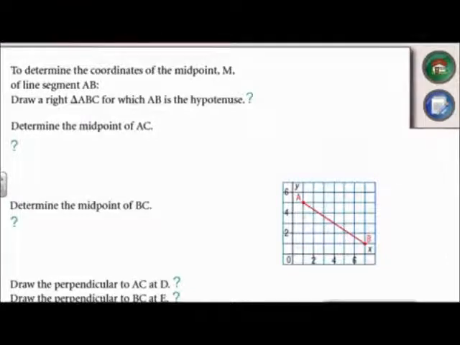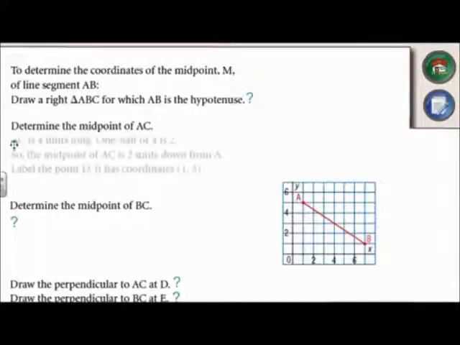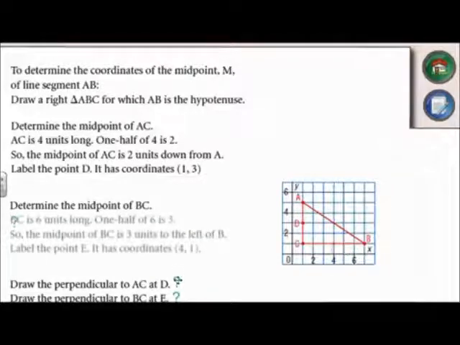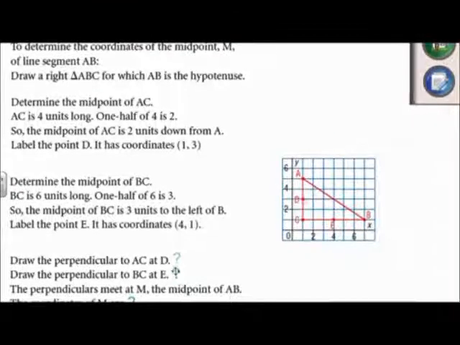Just going through this part here quickly, we can always find the midpoint between any 2 points. They're showing here one way of doing it, by first making a triangle, right? Making that line the hypotenuse, and then finding the midpoint of the vertical, and we'll also find the midpoint of the horizontal, and look at where those two intersect each other.